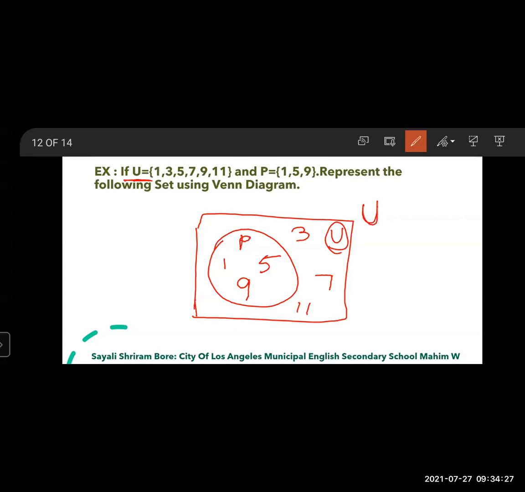Otherwise, you mention the letter inside the closed figure, anywhere at the corner. So here U is equal to 1, 3, 5, 7, 9, 11 and P is equal to 1, 5, 9. So here P is the set 1, 5, 9 and U has 3, 7, 11, the leftover elements apart from set P. So this is how you can represent it by using the Venn diagram.